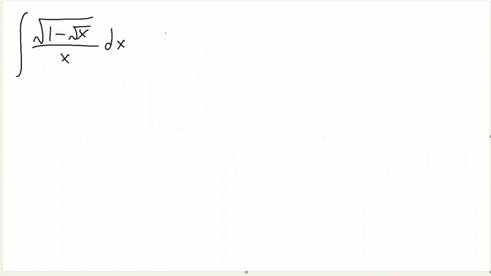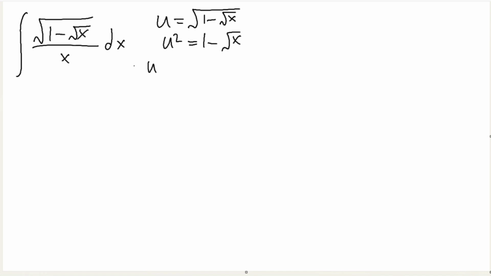So now what about this integral? Again, I just want to get rid of the radicals. So I'm going to let u equal the square root of 1 minus square root of x, so that u squared is equal to 1 minus square root of x.